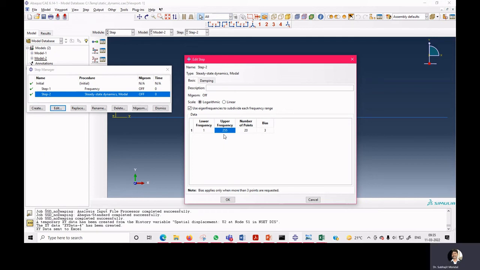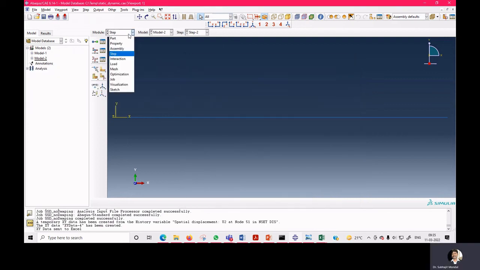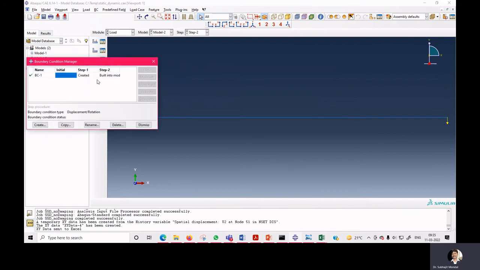Okay, and you will observe that boundary conditions we have provided in the step 1, and that also propagated to the step 2, in terms of displacement type boundary conditions.